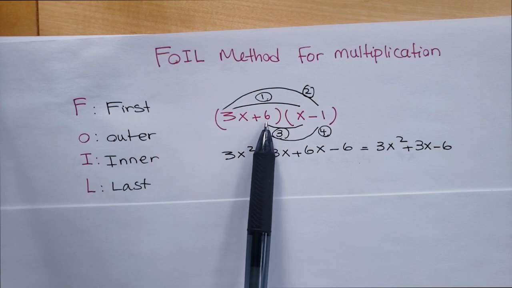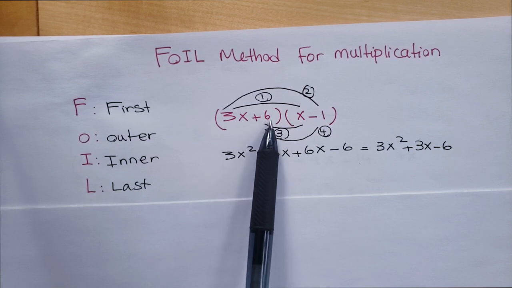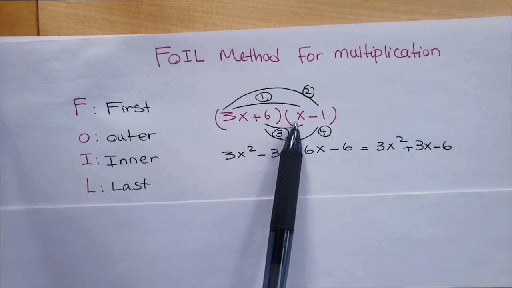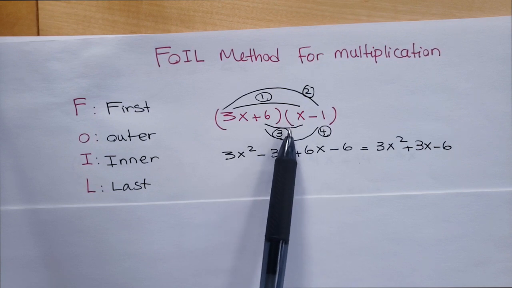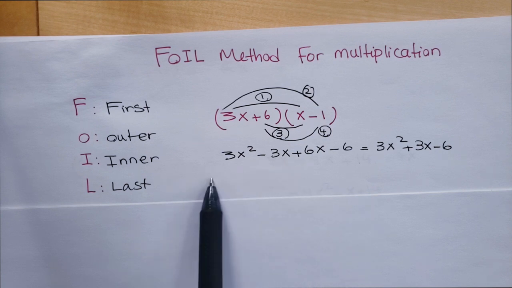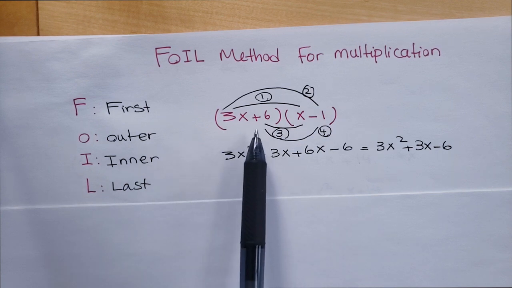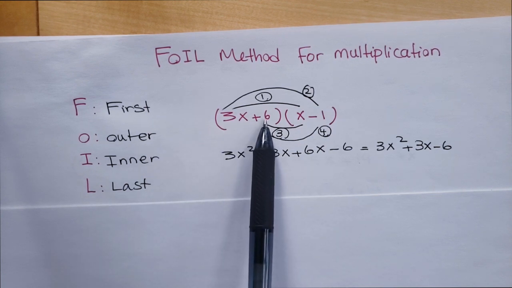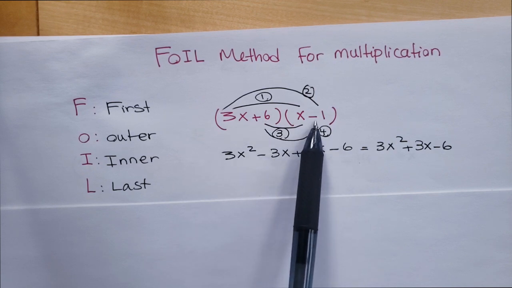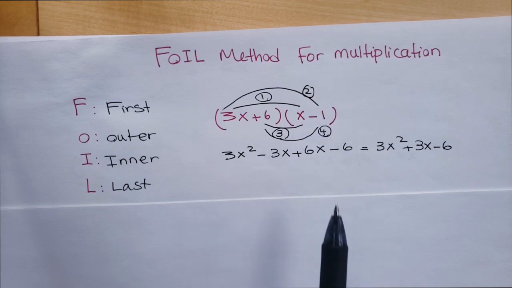So inner is the second term from the first bracket times the first term in the second bracket, 6 times x. And then the last would be the second term from the first bracket times the last term in the second bracket, so that would be -6.